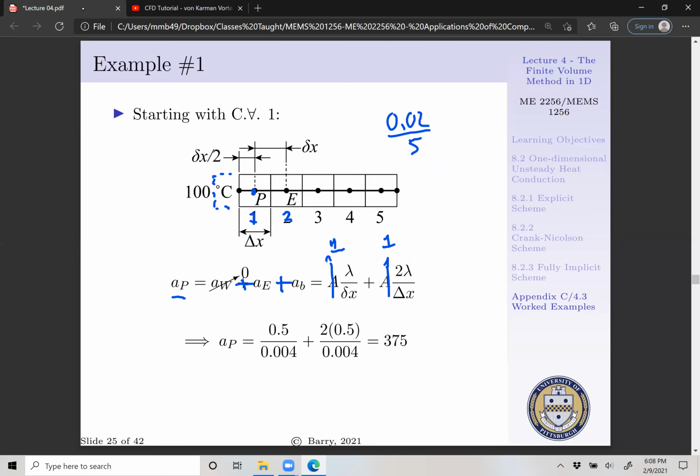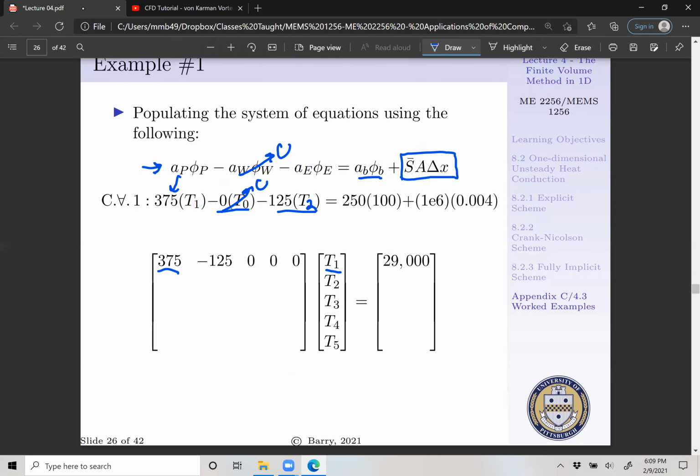And minus 125 T2. And this was our A east, right? Right there. 0.5 divided by 0.004. And if I double check my math, that indeed is 125. This becomes a negative quantity because we moved it to that side of the equation.